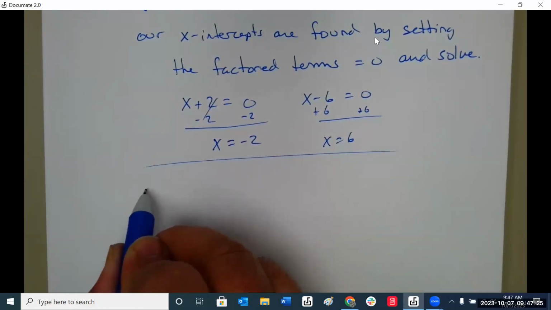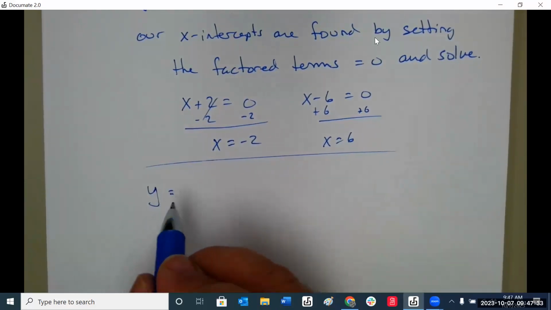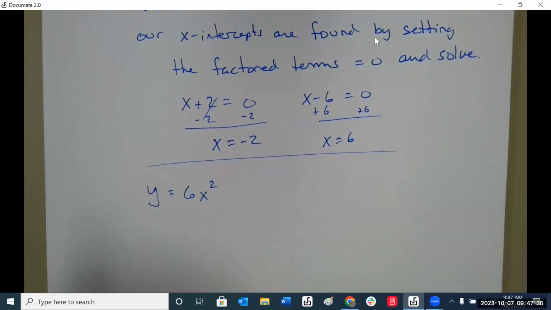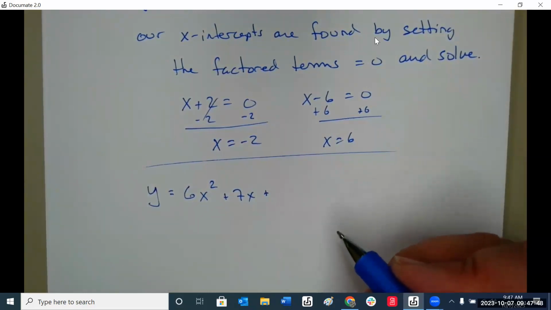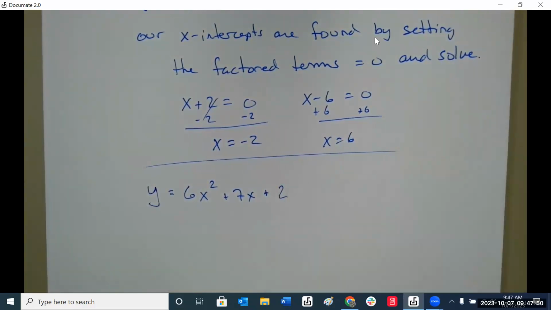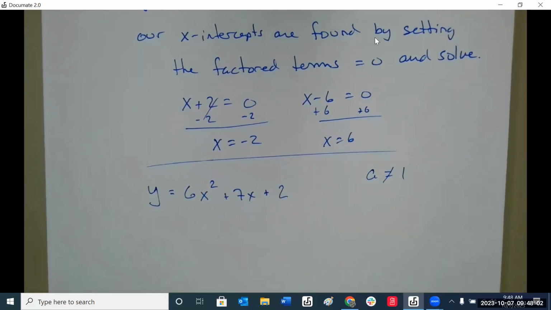What if we have, if a does not equal 1? What do we do there?